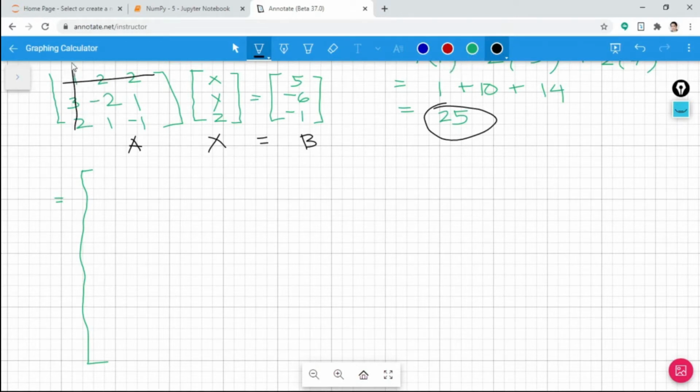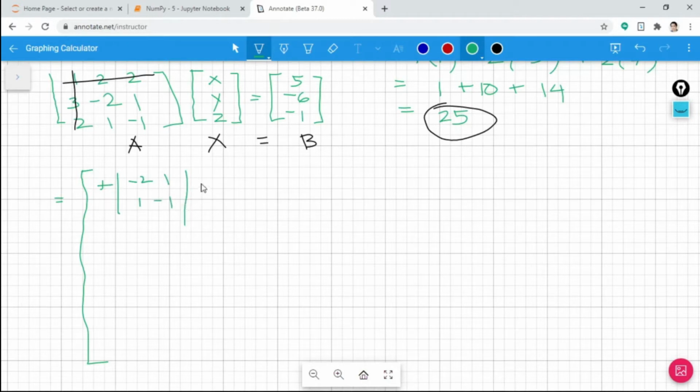If you remember, positive, negative, positive, negative, positive, negative. Let me write in green. This one is plus, this one is negative 2, so 1, and 1 and negative 1.